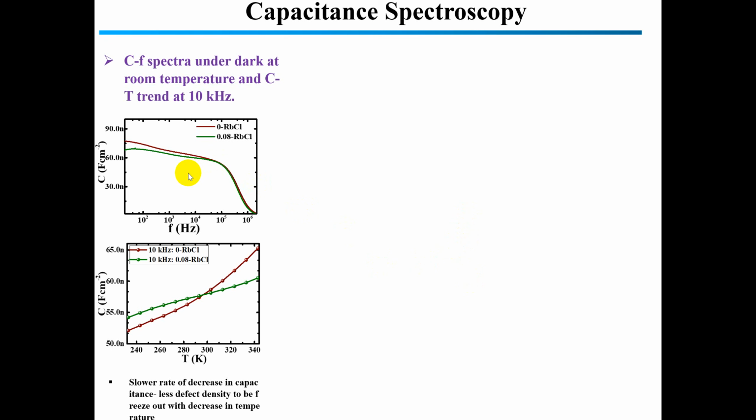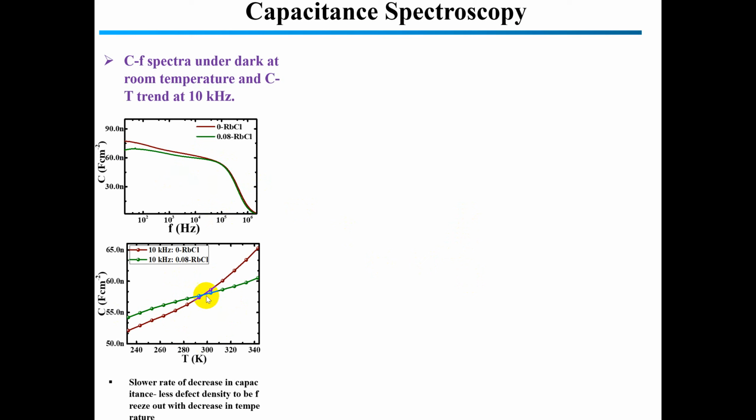To understand the device physics, we use capacitance spectroscopy. This is the capacitance frequency response, and this one shows the capacitance at different temperatures. We can see some difference at the lower frequency range.